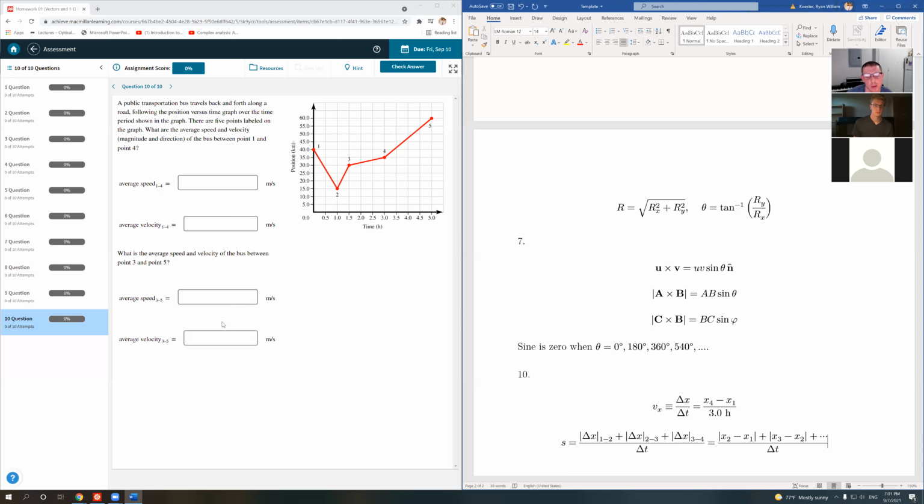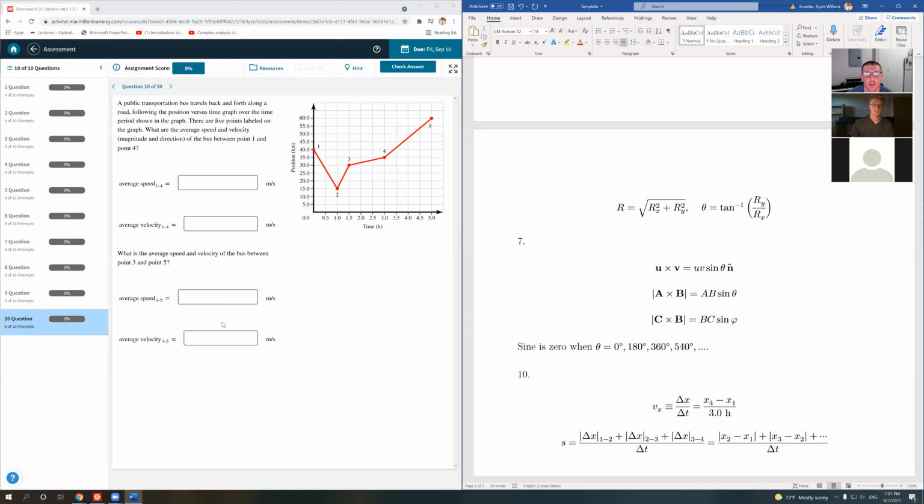Now, an important thing to remember about speed, a big conceptual thing, is that speed is always going to be a positive number. So make sure you are reading the problems carefully, especially on a quiz or an exam, to ensure that when you're asked for a speed, you write down a positive value.